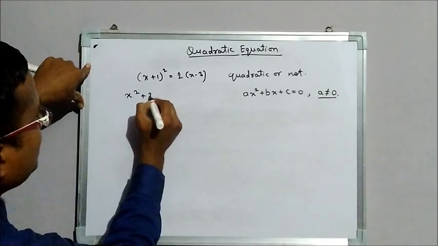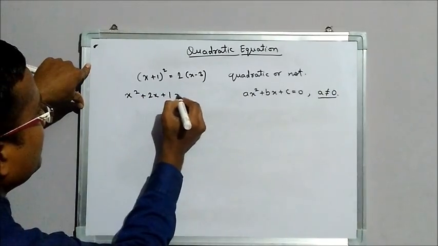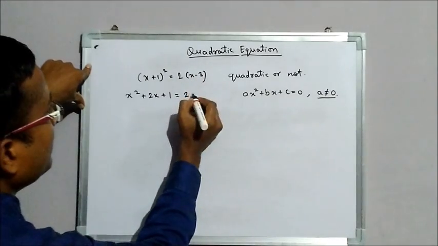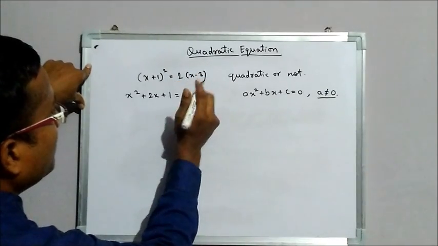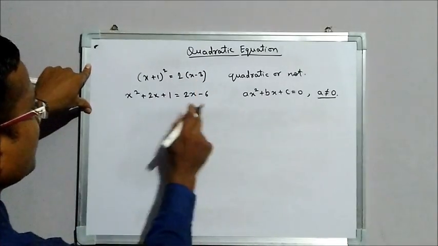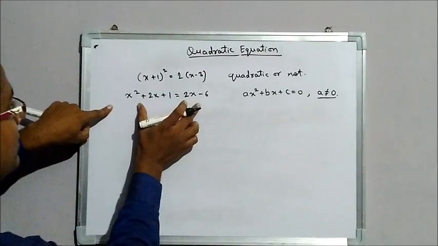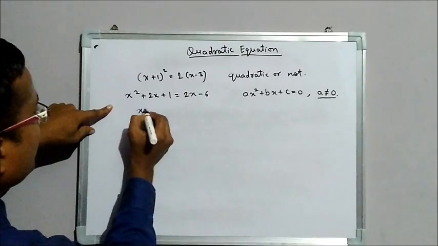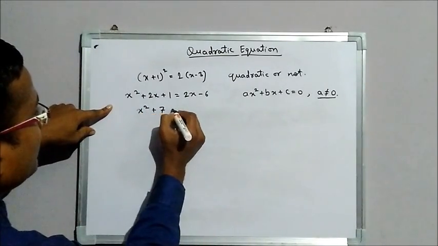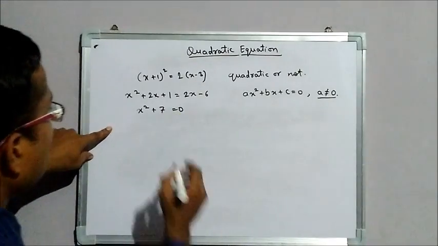x² + 2x + 1 = 2 multiplied with the whole bracket, so multiplying 2 with x, 2x, minus 6. Solving this equation, we get x² + 7 = 0.